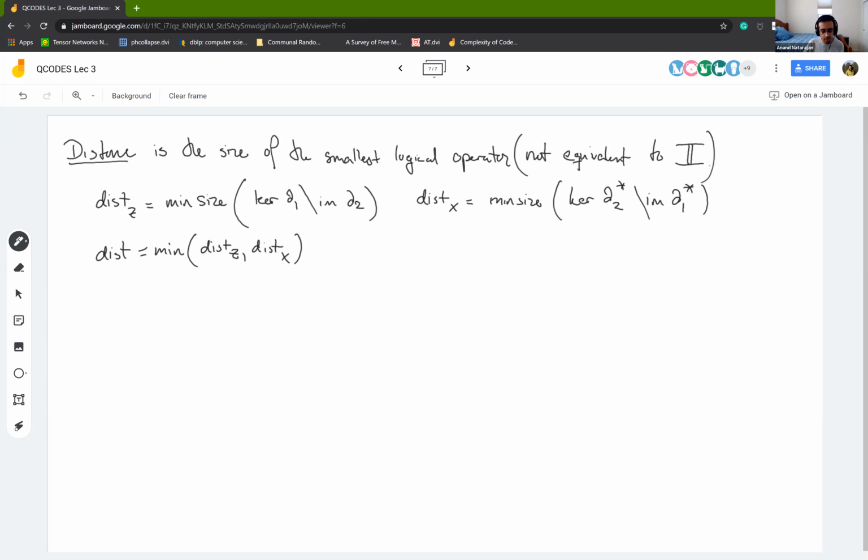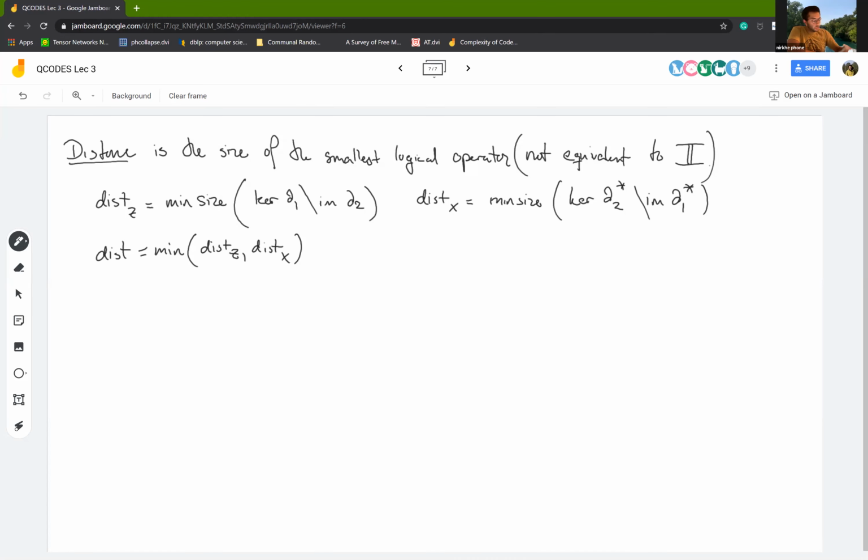One thing I noticed is that this excerpt uses the word degenerate: this condition guarantees that if you have errors less than the weight you get out of this formula, then the code is non-degenerate. But if the errors are higher than this weight, you could have multiple errors that map to the same syndrome. That gives you a logical operator, but it's still correctable.